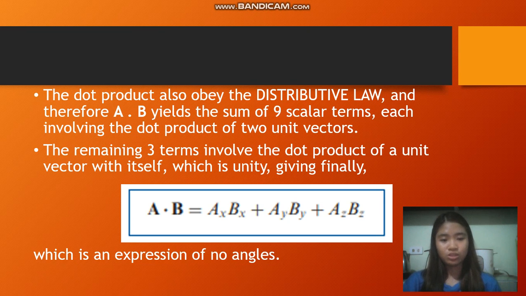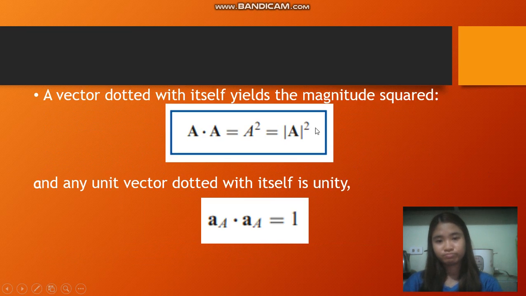So, yun yung unity. At ito yung magiging kalalabasan: A dot B is equal to A sub x B sub x plus A sub y B sub y plus A sub z B sub z. Ayun naman yung expression na walang angles.